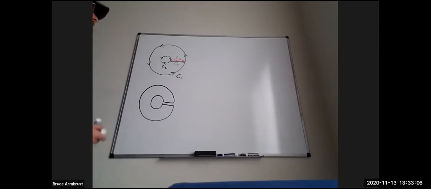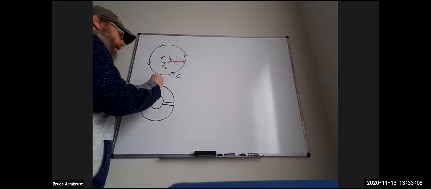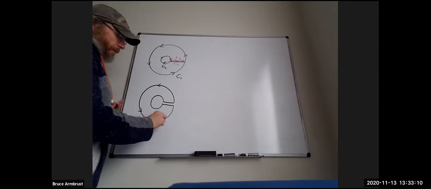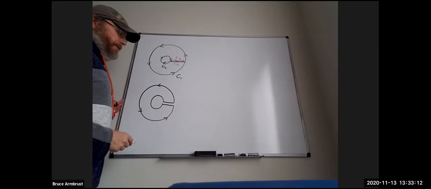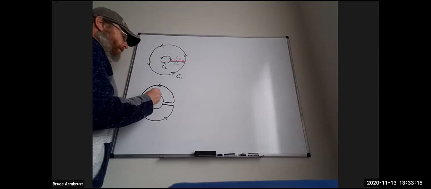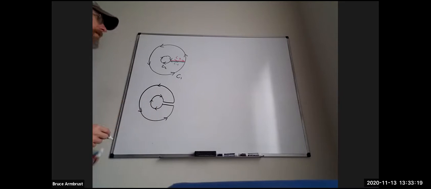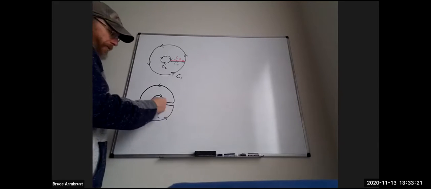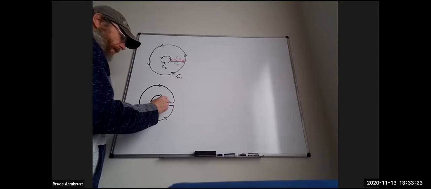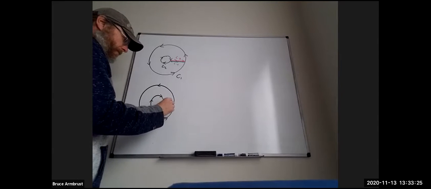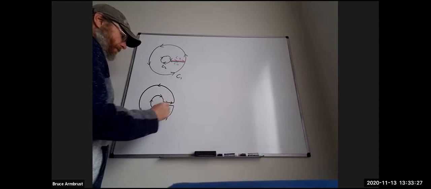And even better, check out the orientation. On the outside, we were going around in a counterclockwise direction as we needed to. On the inside, we were going around clockwise. And on these 2 cuts, one of them is moving to the right, and the other one is moving to the left.